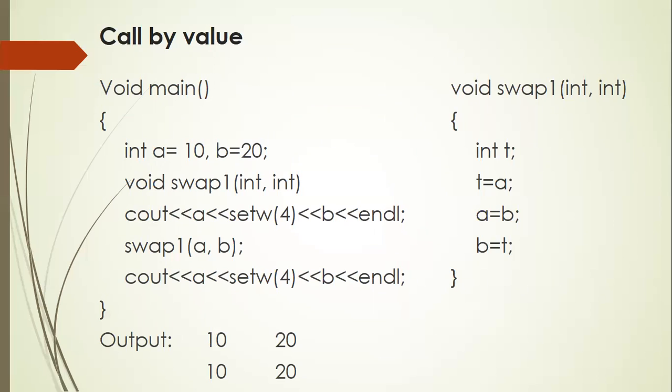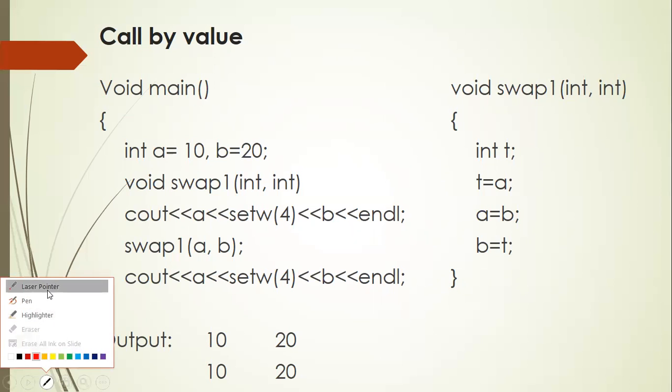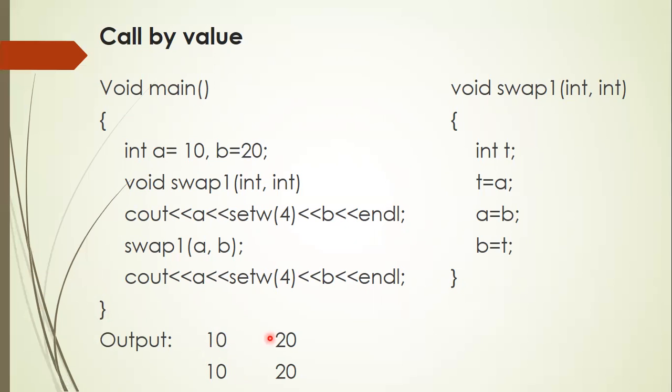Now see, cout A, setw(4), B: first you display the value of A, then the value of B with a width of 4, because I am displaying the values of A and B with a little separation. So the output will be 10 and 20. Here A value is 10 and the B value is 20. This is for this cout statement.